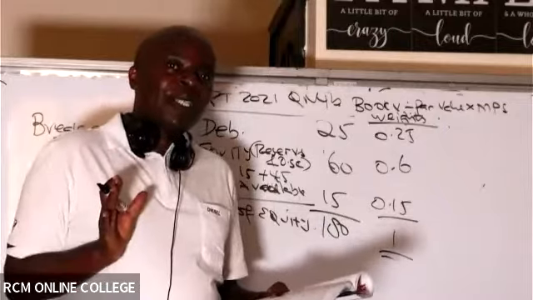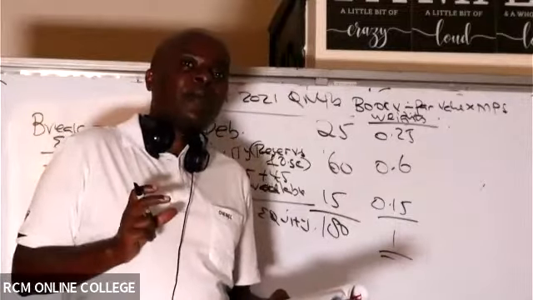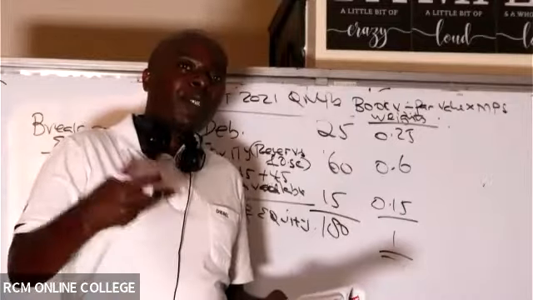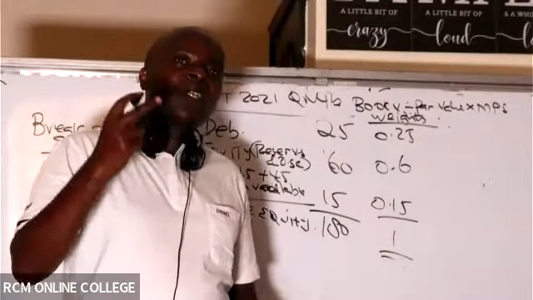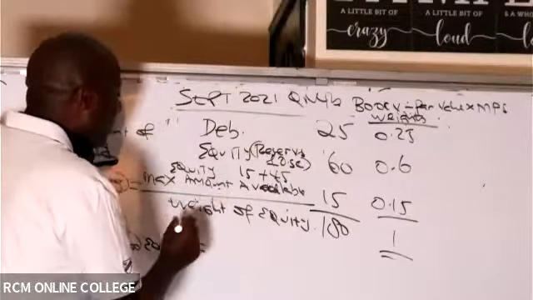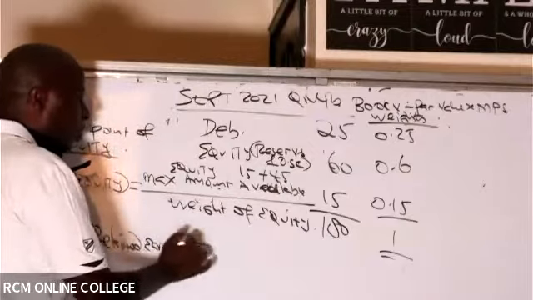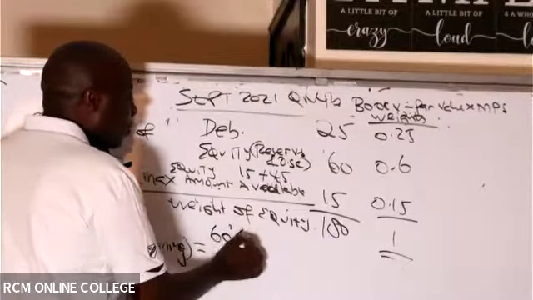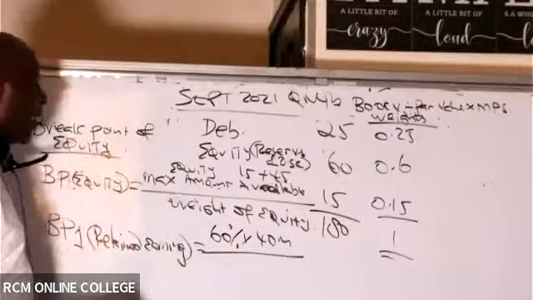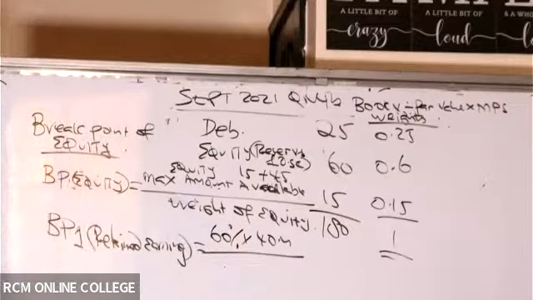When they pay 40%, what will be the retained amount? What is the retained percentage? If the payout is 40%, then they're going to retain 60%. So the maximum amount I'll have out of this vehicle will be 60% of 40 million. Come and divide this by the weight of equity. Are you able to see the weight of equity? 0.6.